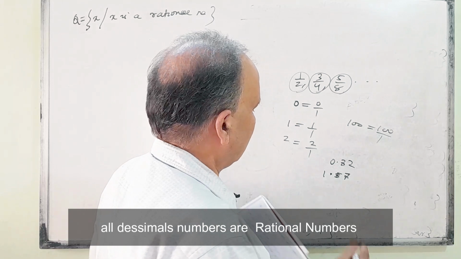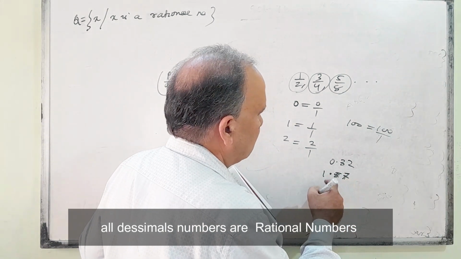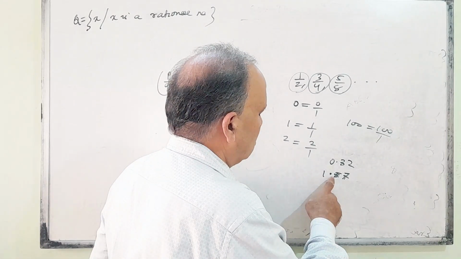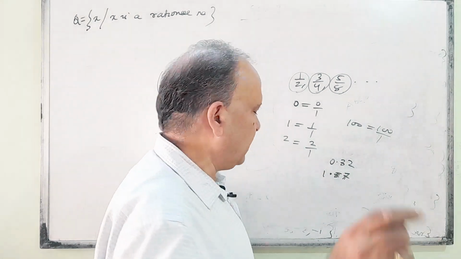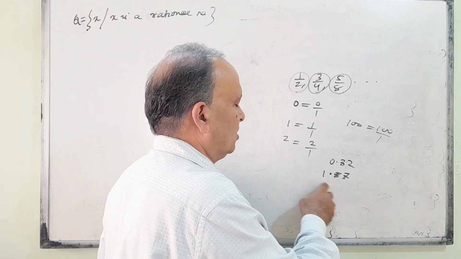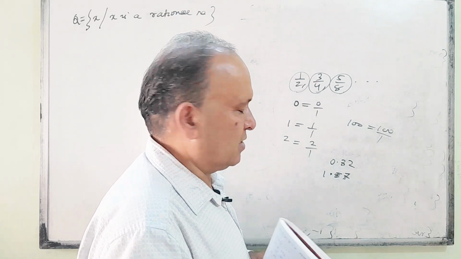You remember, which are terminating decimal numbers? The decimal numbers where the number of digits after the decimal point is finite. Suppose you see 5.7, there are 2 digits, so this is also a rational number. 0.32 is also a rational number.